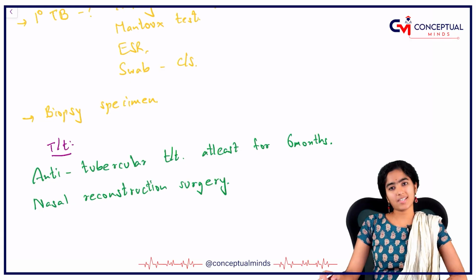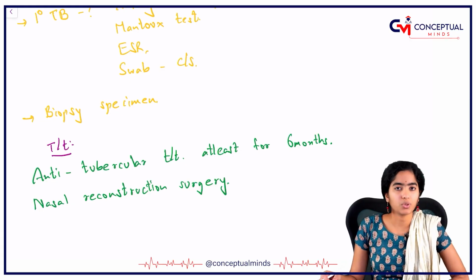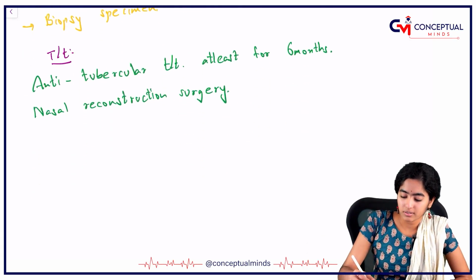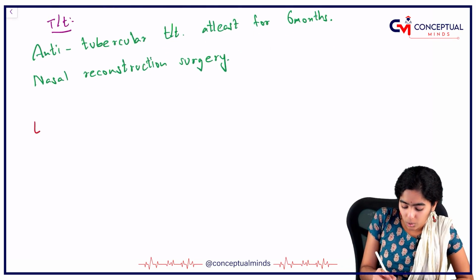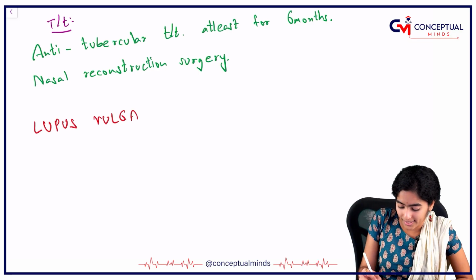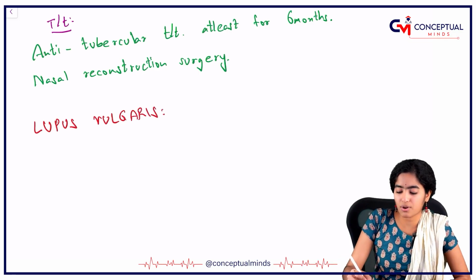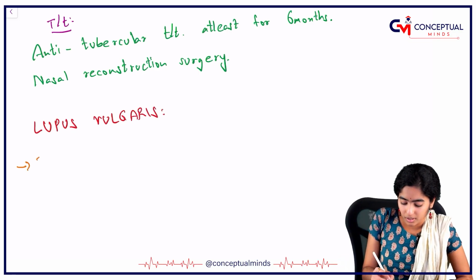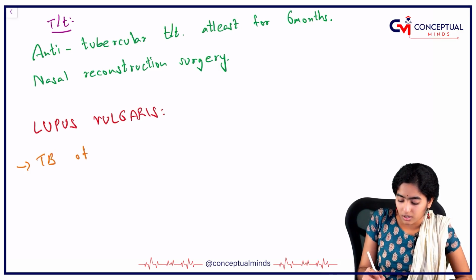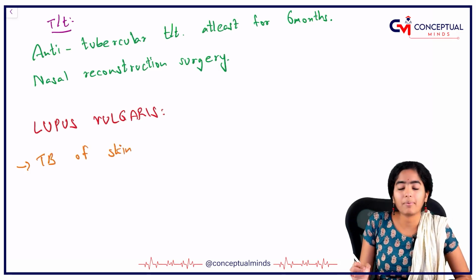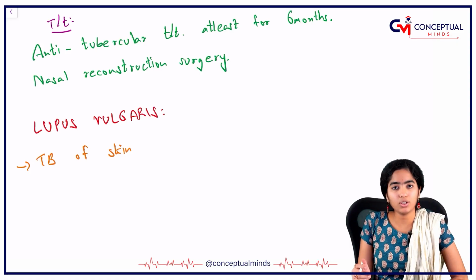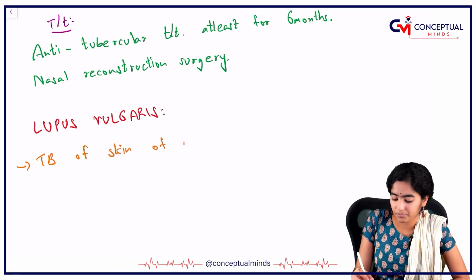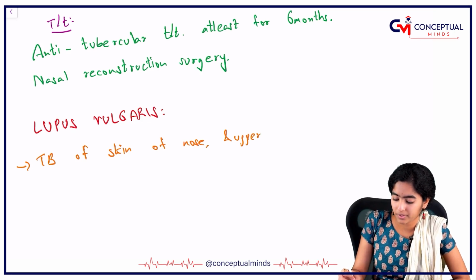Okay, so this is about tuberculosis of the nose. Now let us look at another small point, that is lupus vulgaris. What is lupus vulgaris? It is tuberculosis of the skin. And here we are talking about tuberculosis of the skin of the nose and upper lip in that area.